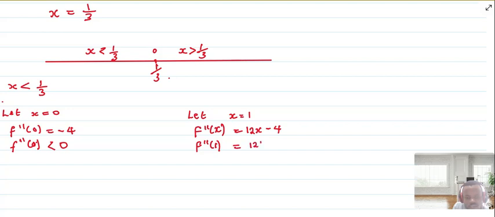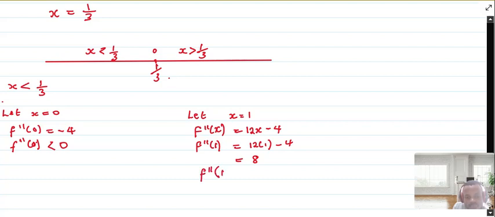So it becomes 12 times 1 minus 4, which is 8, and 8 is positive. So in this scenario, this one is greater than 0.